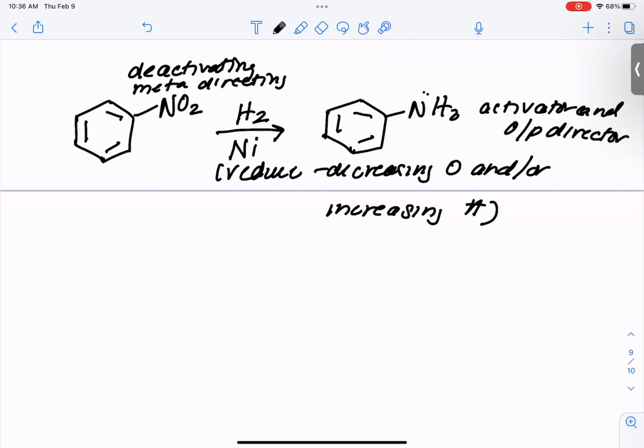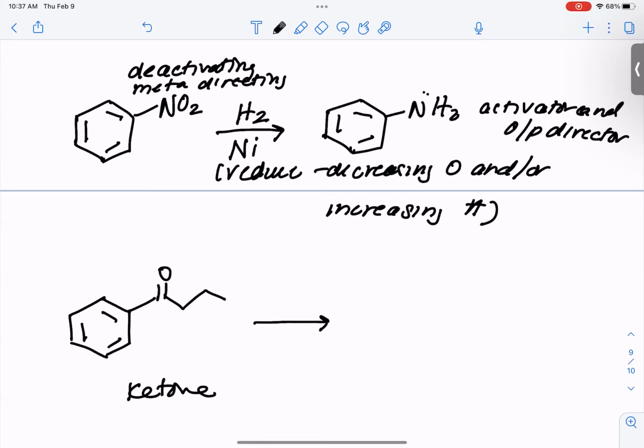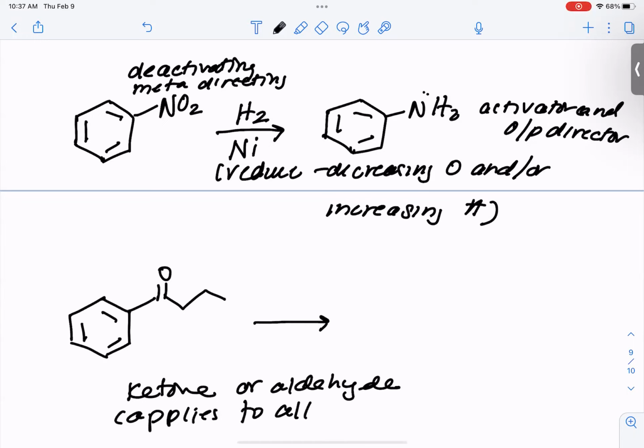The other thing that we can do, and I don't know if we did this last semester: if you have a ketone, okay, or an aldehyde, it does not have to be attached to an aromatic ring. So this applies to all. If you add N2H4 and KOH, this is called a Wolff-Kishner reduction.